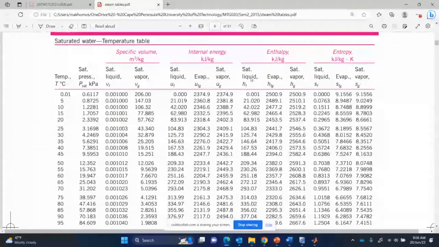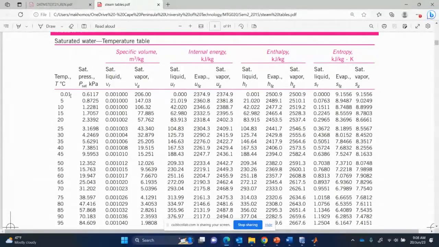You can see that the first value on that temperature table is 0.01, the temperature, and the pressure is 0.6117. And this reminds us of what we did last week. Last week we said that at the triple point of water, the temperature is 0.01 degrees and the pressure is 0.6117.